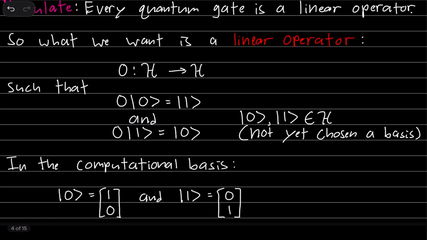Such that when we apply O to ket 0, we get ket 1, and when we apply O to ket 1, we get ket 0. Again, these kets are arbitrary quantum states in Hilbert space. They are not yet the vectors (1, 0) and (0, 1), because we haven't chosen a basis.